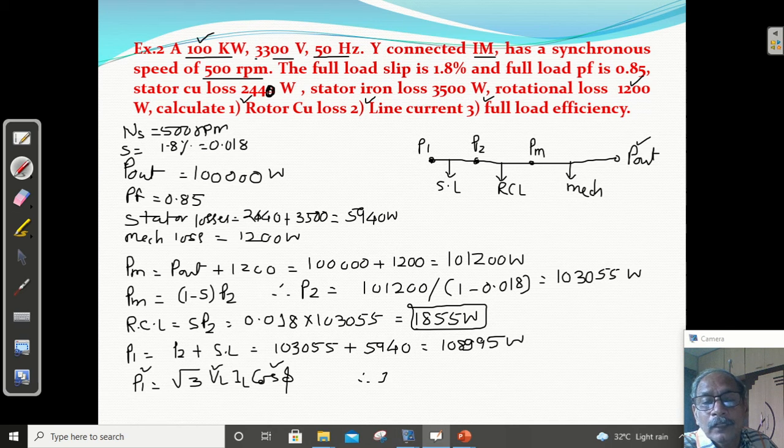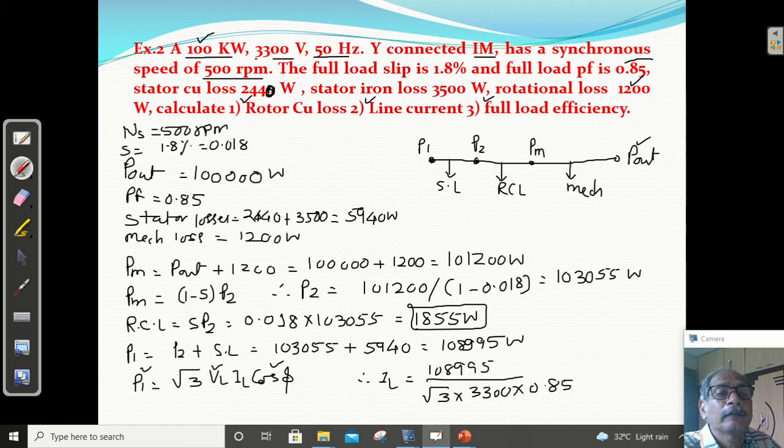So in this way we will calculate the IL equal to P1, 108995, upon √3, VL is given 3300, cos phi is given 0.85. So we will calculate the line current IL equal to 22.43 ampere. That is the answer we will get. Okay, so this is the line current.